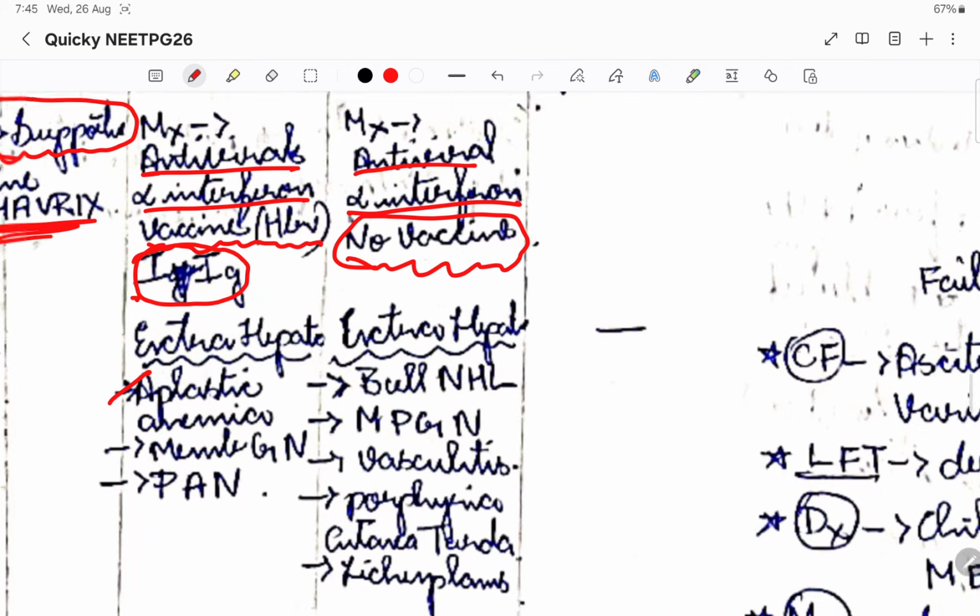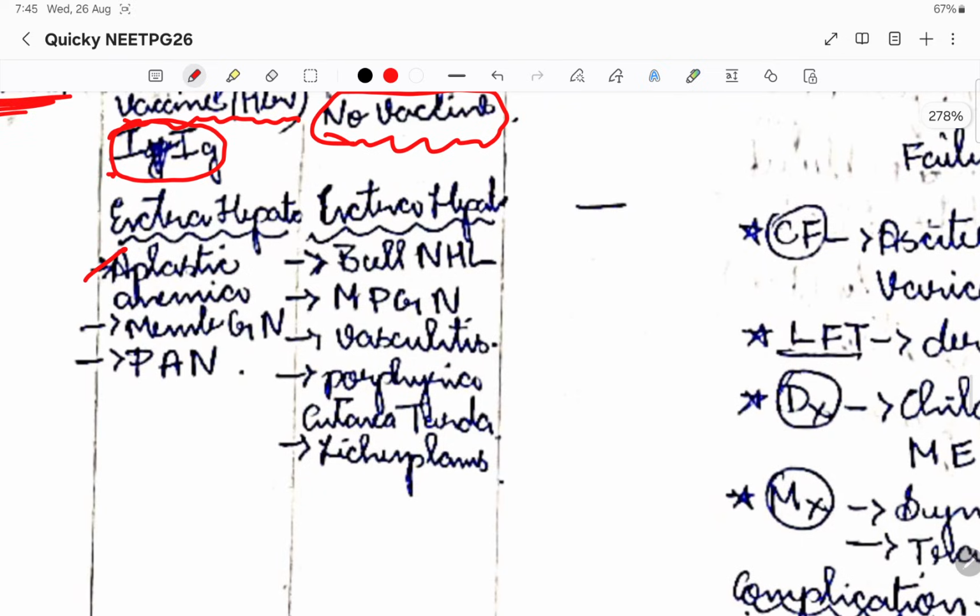Now the extrahepatic features with respect to hepatitis B and C. In hepatitis B there will be aplastic anemia, membranous glomerulonephritis, and polyarteritis nodosa. Whereas the extrahepatic features for hepatitis C are B cell NHL and MPGN, membranoproliferative glomerulonephritis.